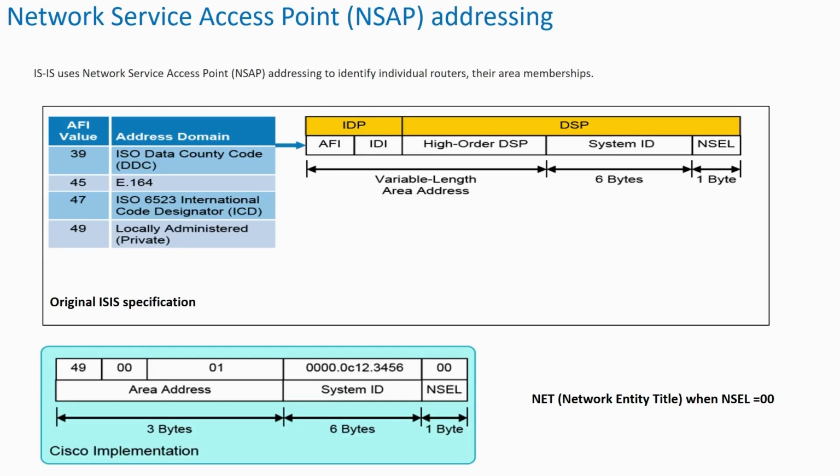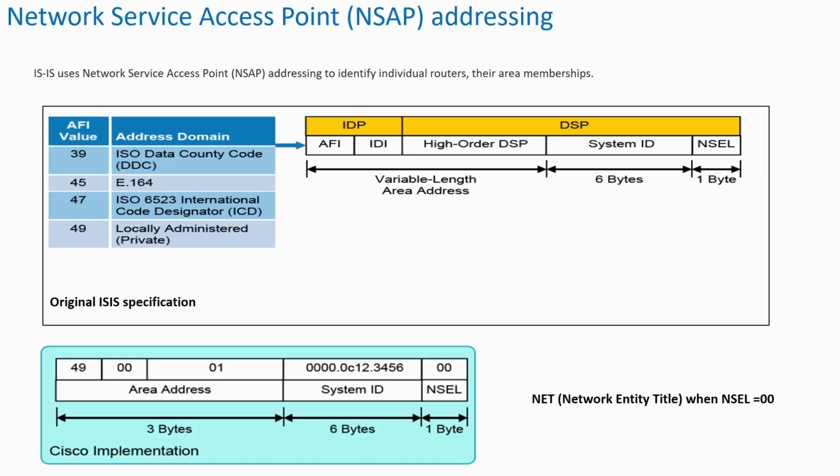The next two bytes identify the area address. The next 6 bytes identify the system ID, which uniquely identifies the router where this NSAP address is configured. And the last 1 byte identifies the service that this address is referring to.